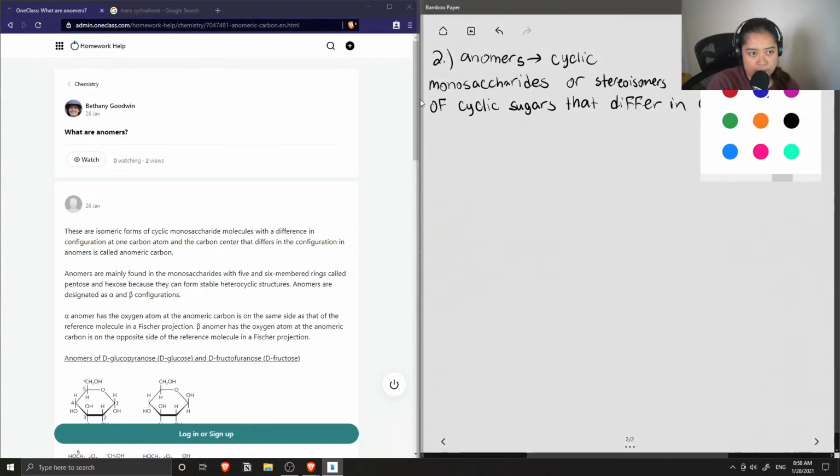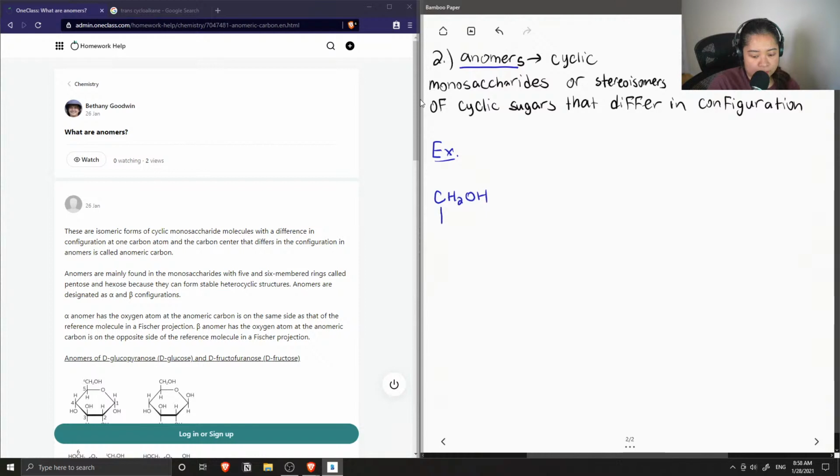Okay, so let's write down some examples of anomers. So I'm just going to draw a simple sugar, like so.